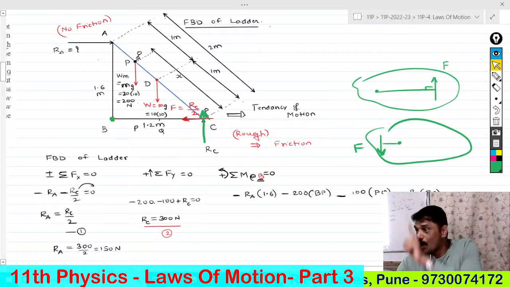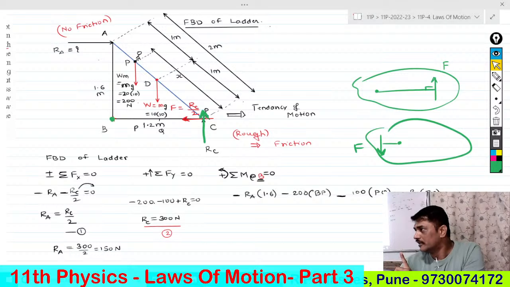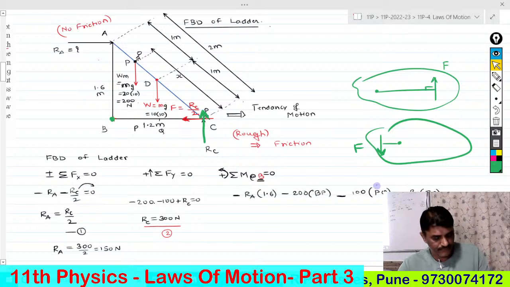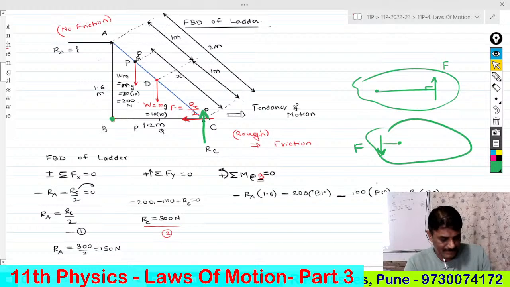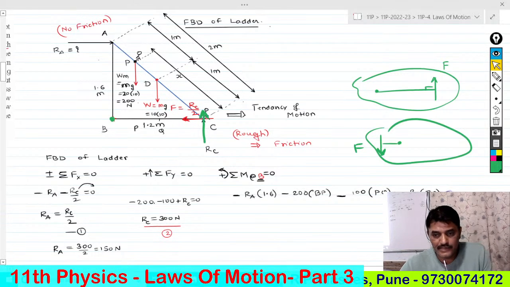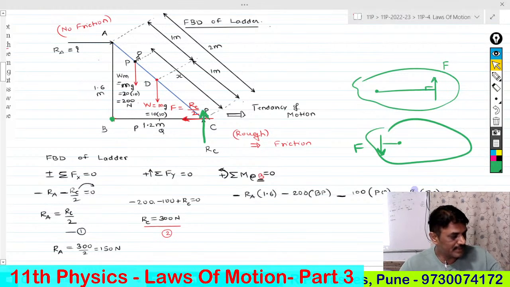Please don't say upward positive, downward negative for moment equation. ठीक है? हाँ, तो ये आएगा anti-clockwise, that is positive. Is that okay? Is equal to 0 आएगा ये.